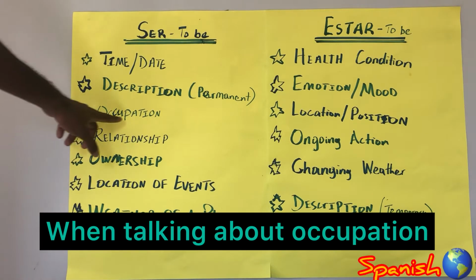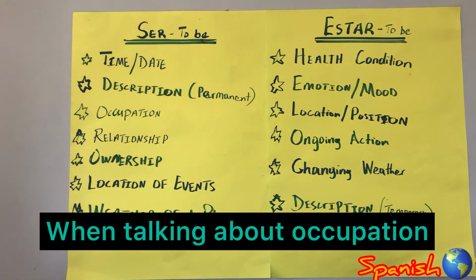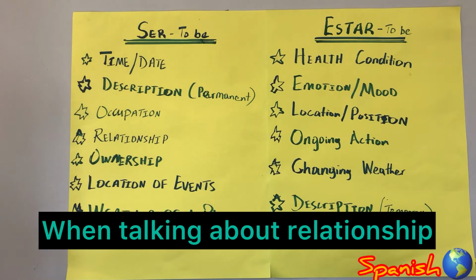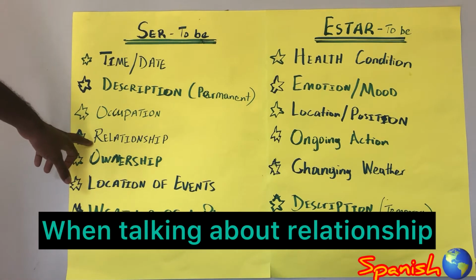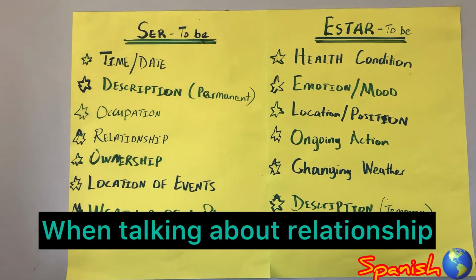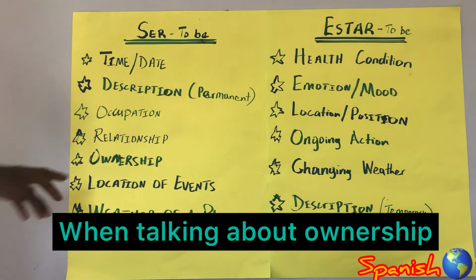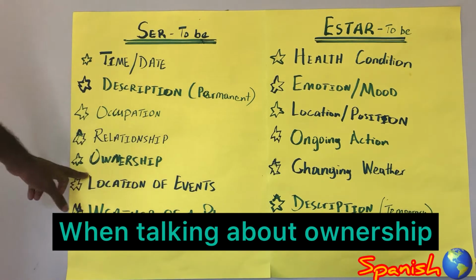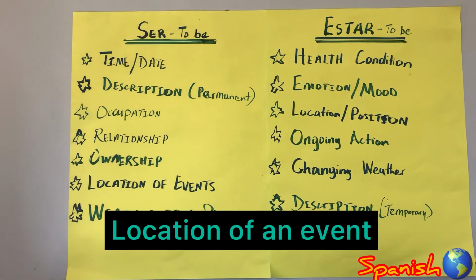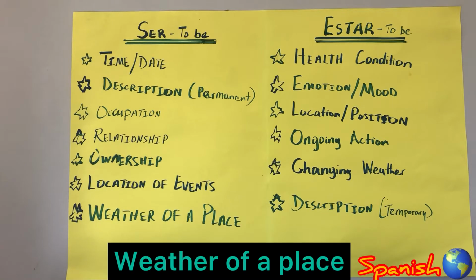When talking about occupation. When talking about relationship. When talking about ownership. When talking about the location of an event. And also when talking about the weather of a place.